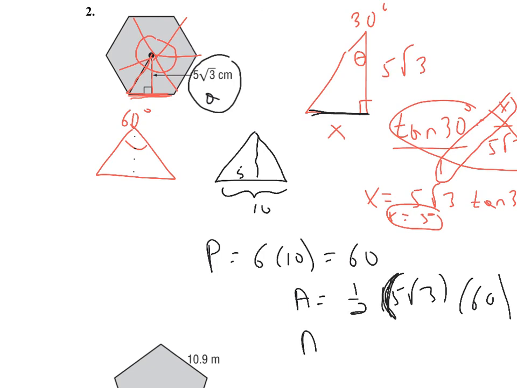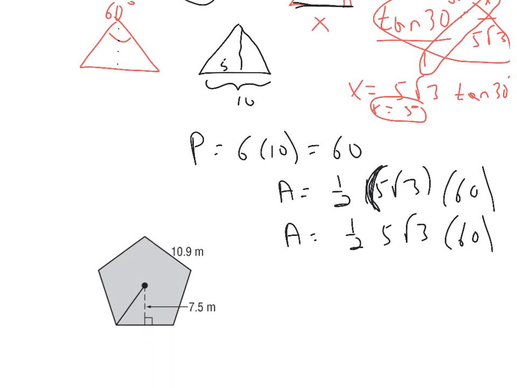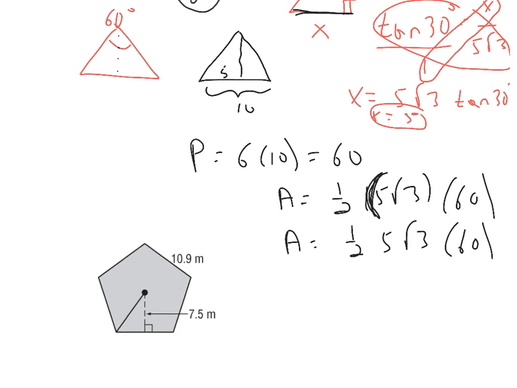The area equals 1/2 times 5 radical 3 times 60. Okay, half of 60 is 30. 30 times 5 is 150, so that will be 150 radical 3 square units.